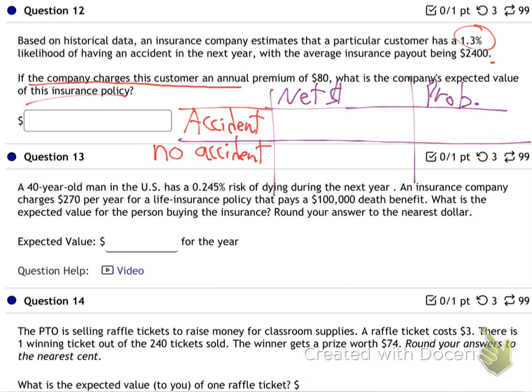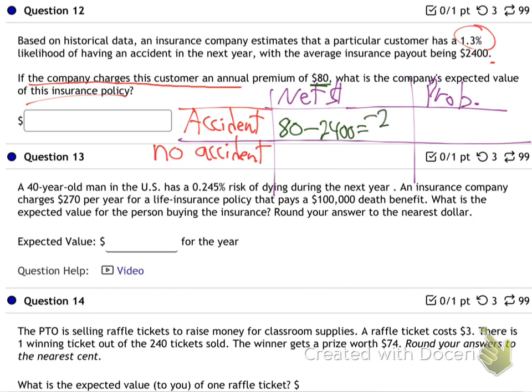So let's think about, if there's an accident during the year, what's going to happen to the company's bank account? What's the net result? Yeah, they'll gain the $80 premium. They gain that every year, whatever happens. But they'll pay out $2,400.